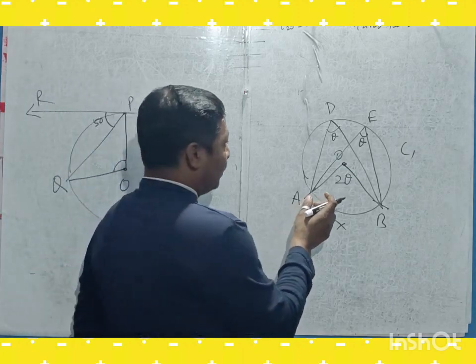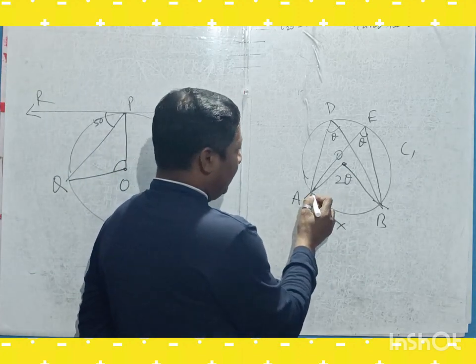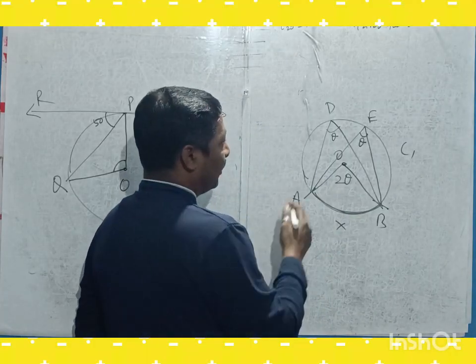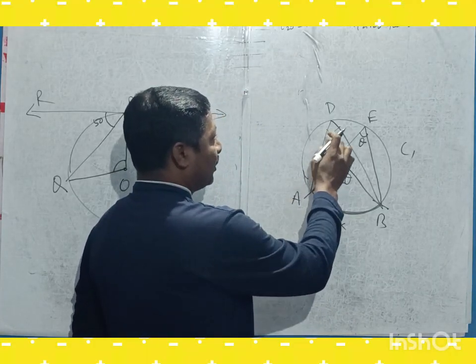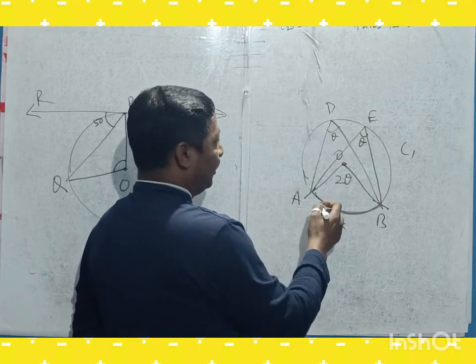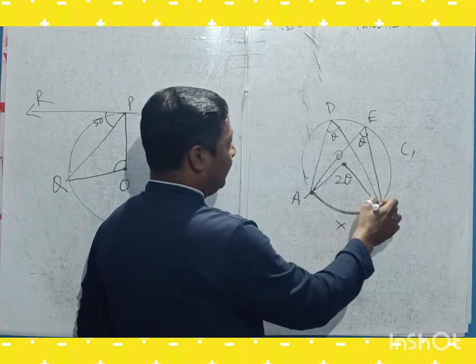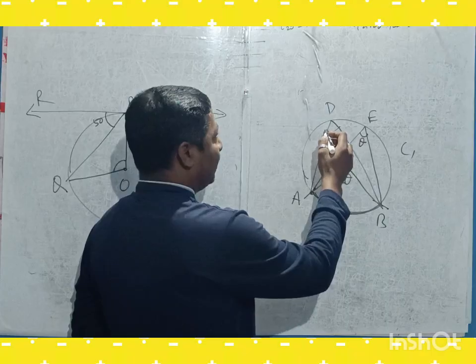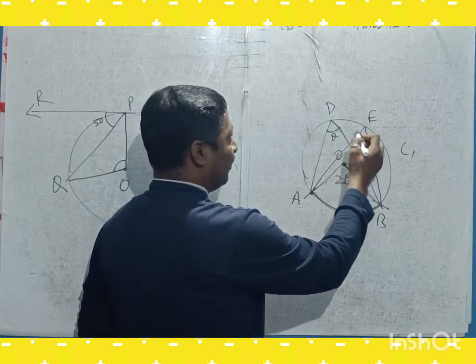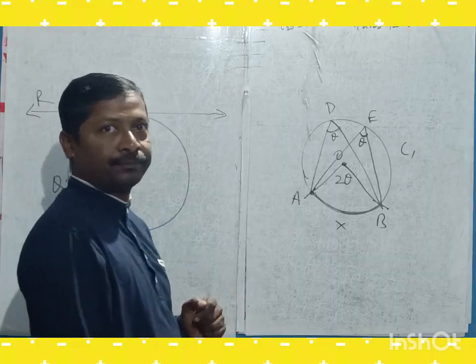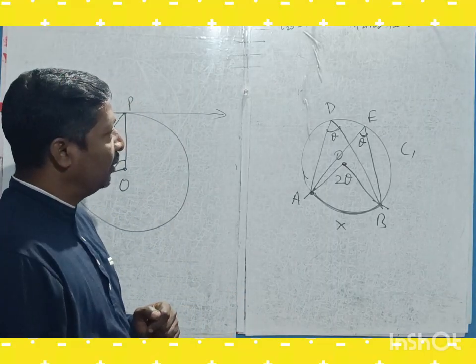And another theorem is there, that if an arc makes two separate angles towards the circumference, as this ADB and AEB, both the angles will be same. The value of these two angles will be same. Okay.